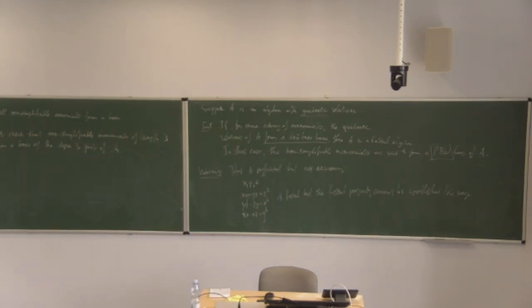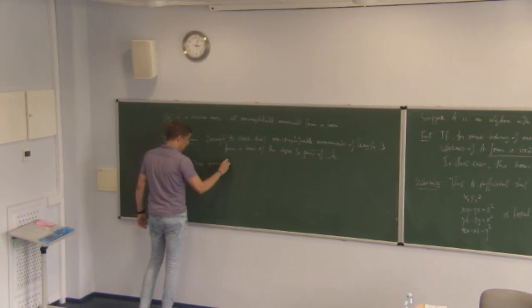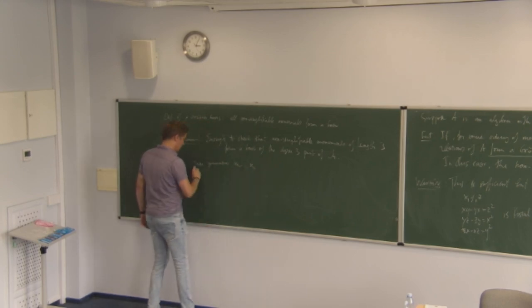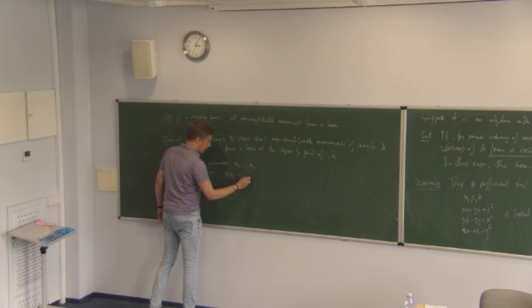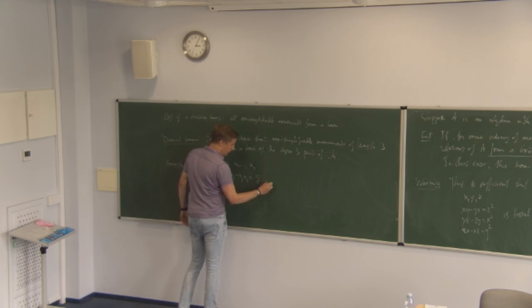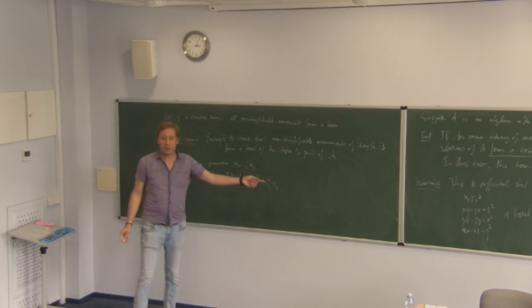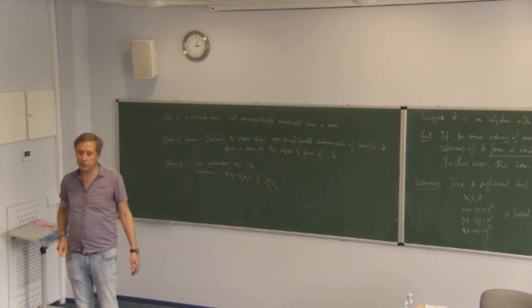So let's take generators x1, ..., xn, and relations xi xj minus xj xi equals the sum of Cijk xk. These are relations that say that commutators can be written as linear combinations of generators.